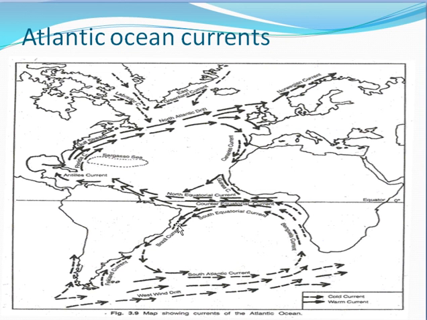The bifurcation, we already saw, happens near Sao Roque of the Brazil coast. So this Brazil Current is joined by Falkland Current near 40 degrees south latitude.